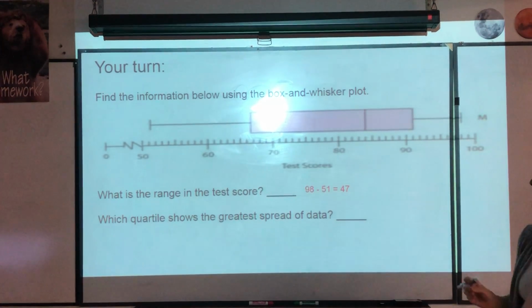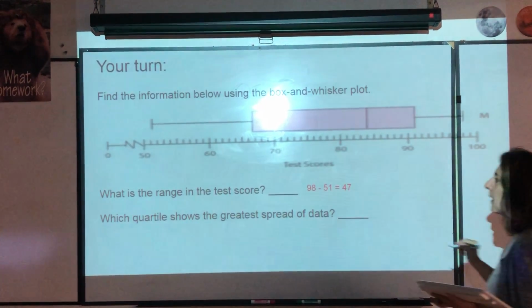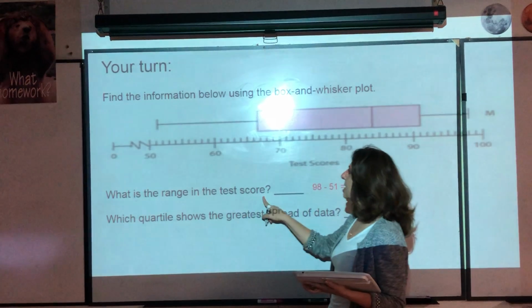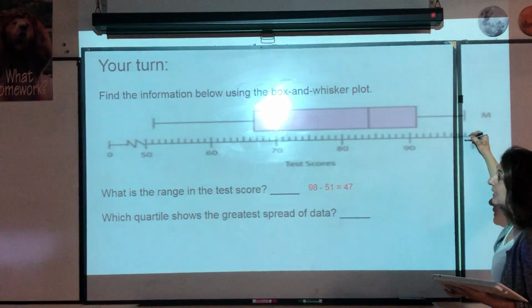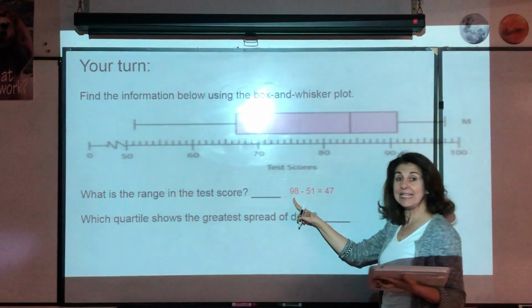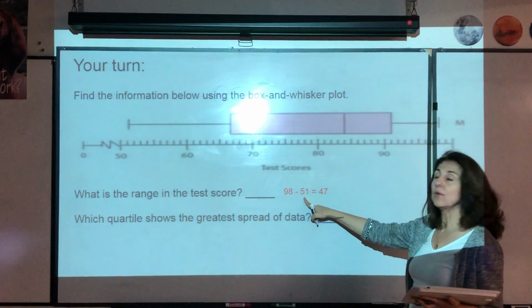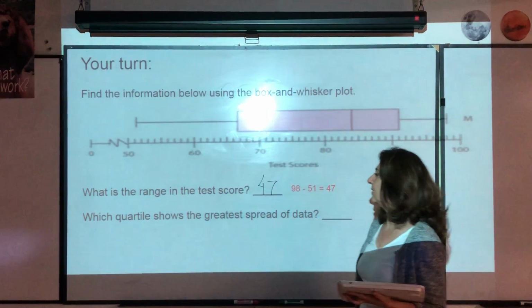All right, so now we have to find a little bit more information. What is the range in the test scores? Well, the range is the highest grade minus the lowest grade, which is 98 take away 51, which is 47.